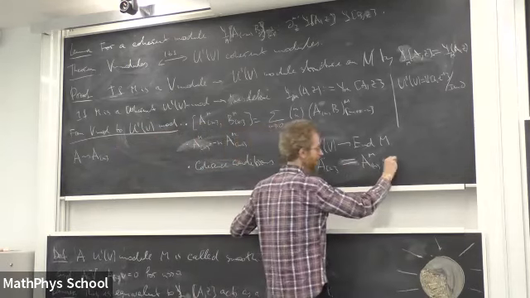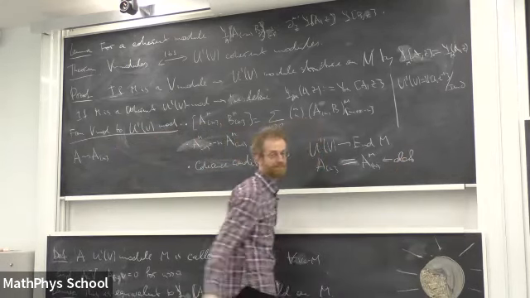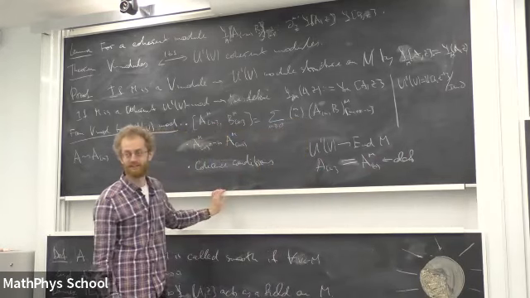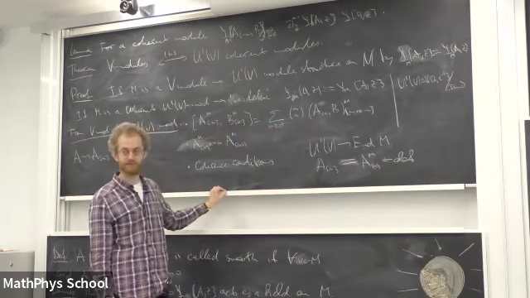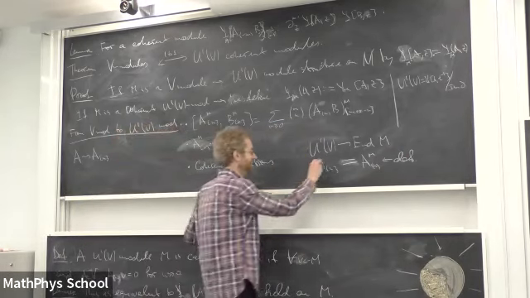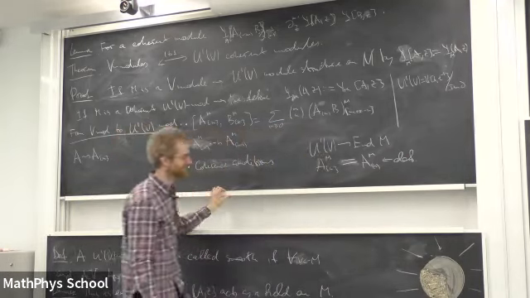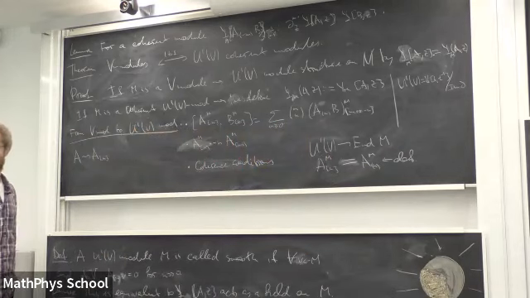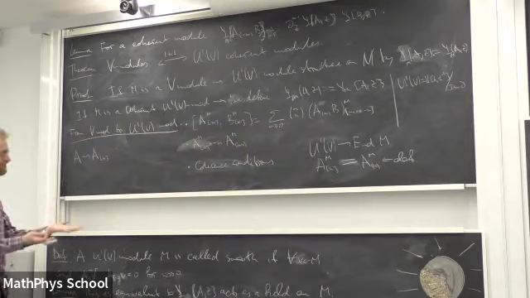This is the definition of the action of U prime of V. Okay. And so this is the definition. Now for this definition, we have to check that something holds true.